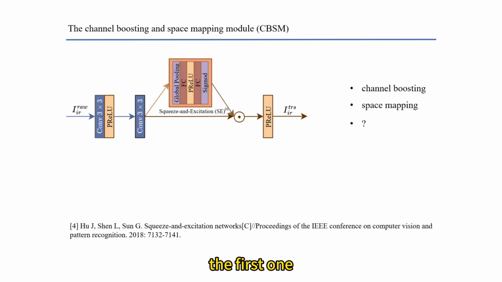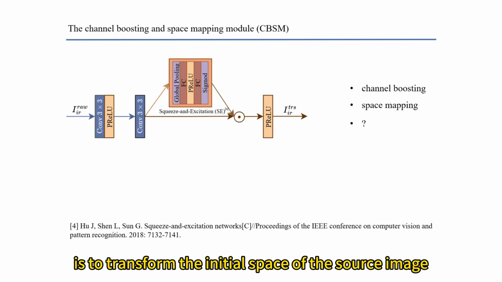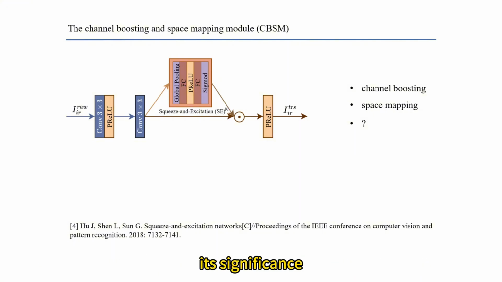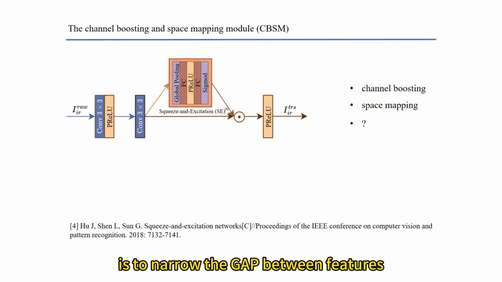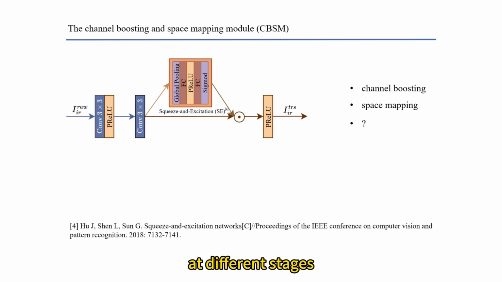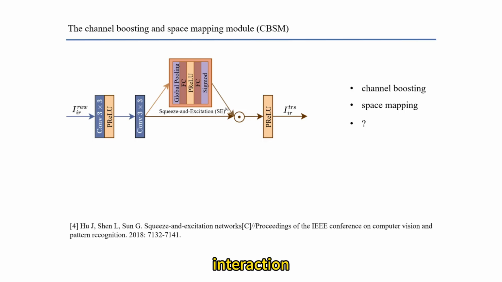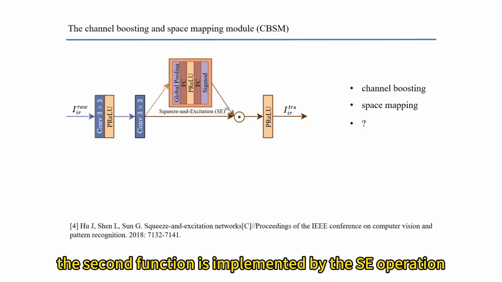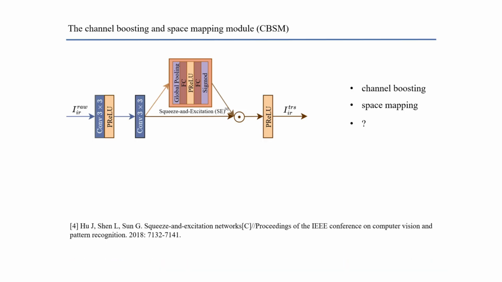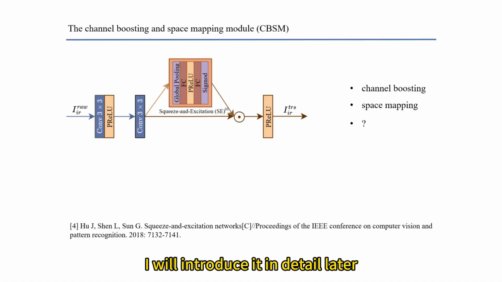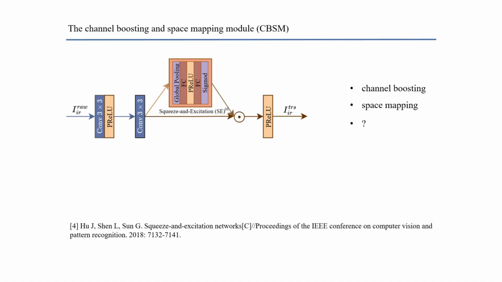The first one is to transform the initial space of the source image. Its significance is to narrow the gap between features at different stages, as this will seriously affect the effect of feature interaction. The second function is implemented by the SE operation, but we won't discuss it for now. I will introduce it in detail later.